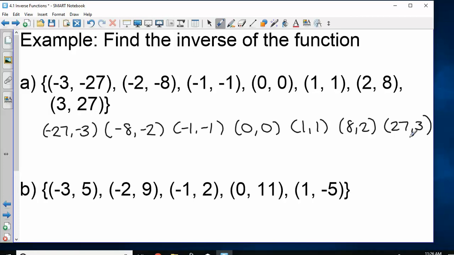You guys go ahead and do B. Find its inverse for me.